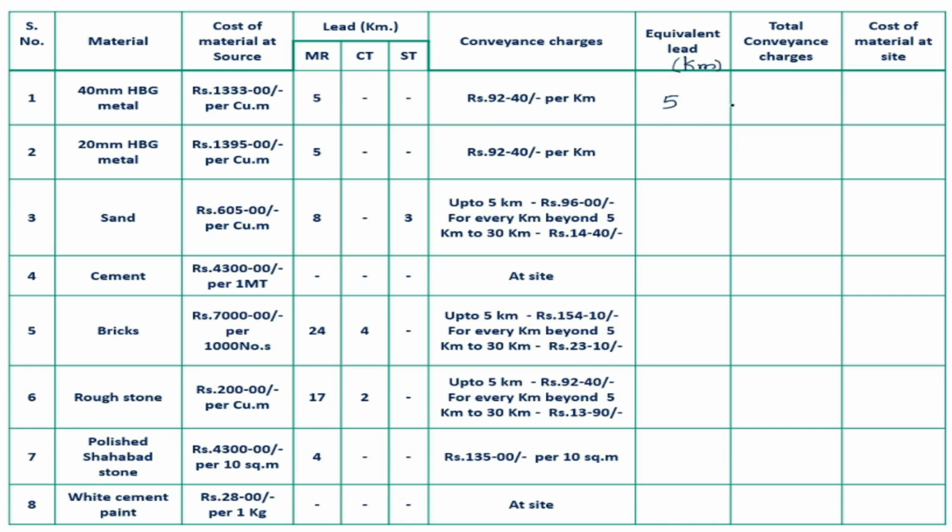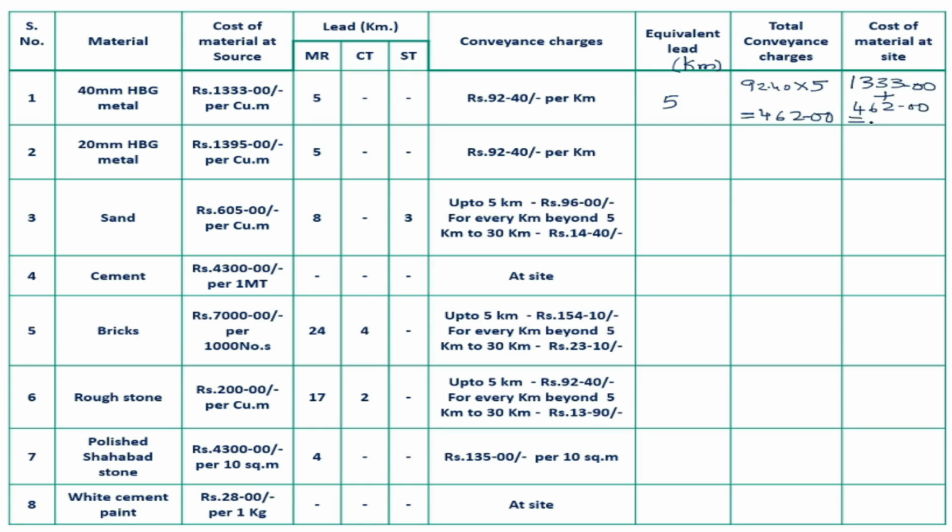5 kilometers, and conveyance charge is 92 rupees 40 paisa per kilometer into 5 kilometers, which is equal to 462 rupees. And total cost of the material at site is source cost plus conveyance charge, which is equal to 1333 rupees plus 462 rupees.